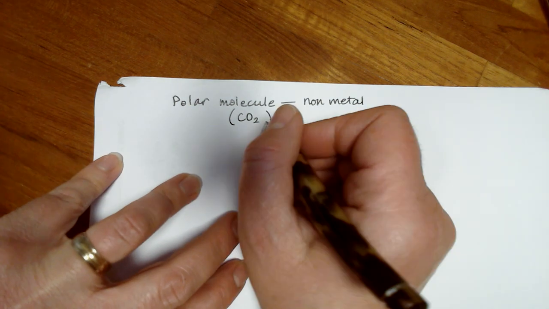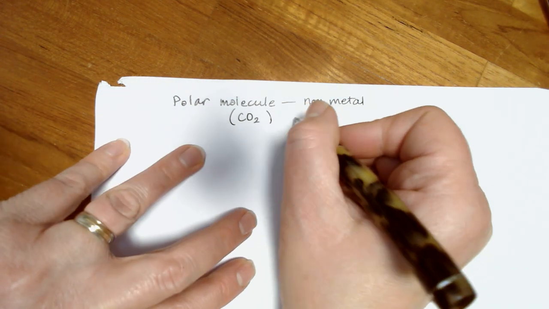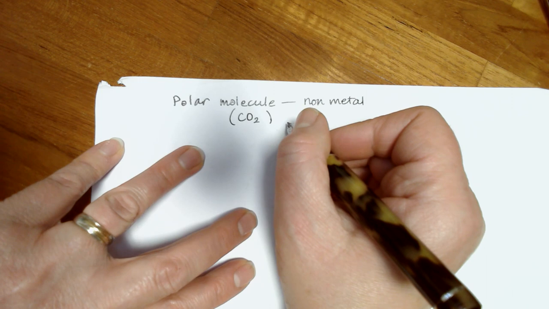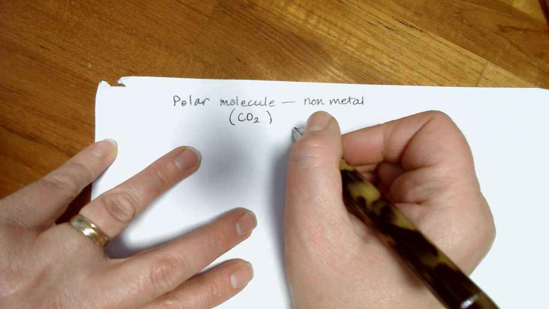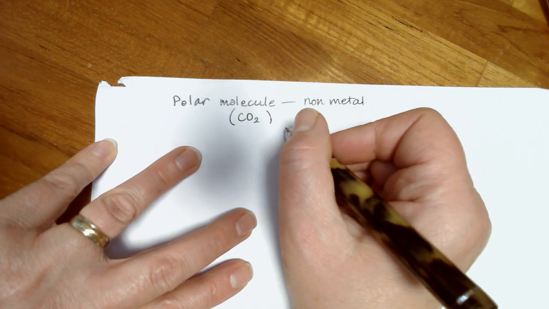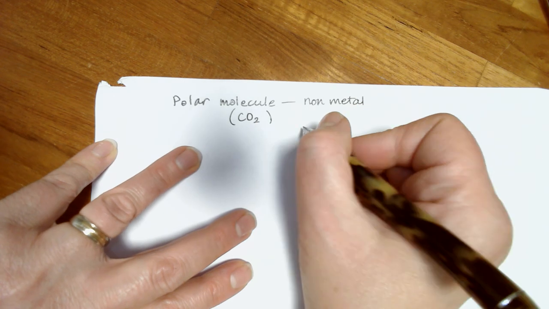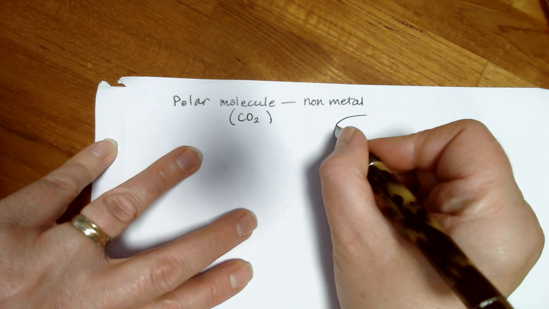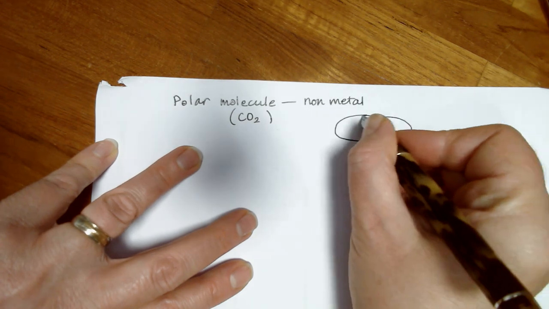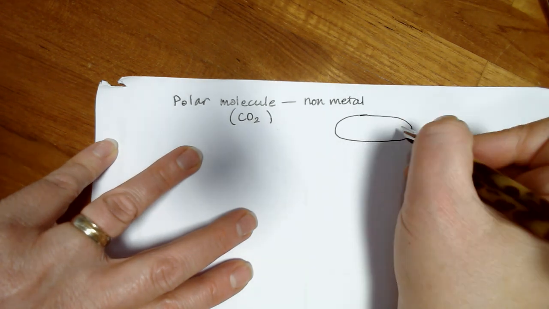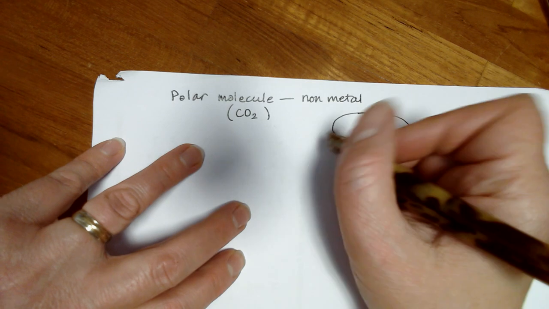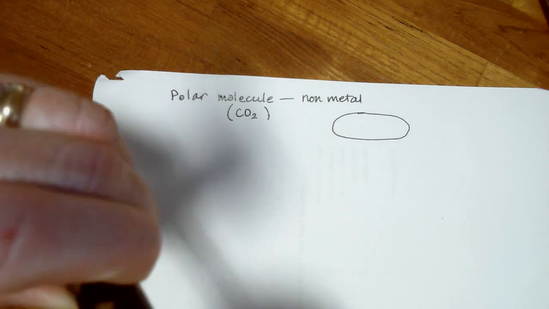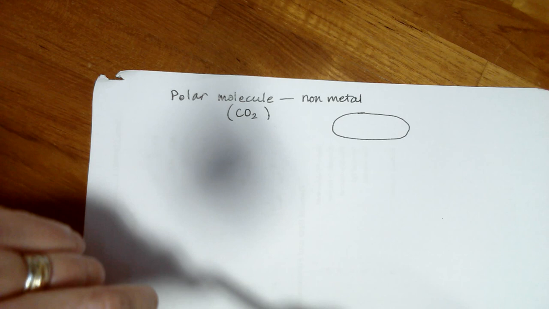So there's lots of different polar molecules, and I'm just not feeling super creative right now thinking about a lot of different ones. But what happens with our polar molecules is the same thing that happens with our other molecules, except that they're constantly that way. So carbon dioxide happens to be a linear molecule, and we'll be talking in a different video a little review about Lewis dot structures.